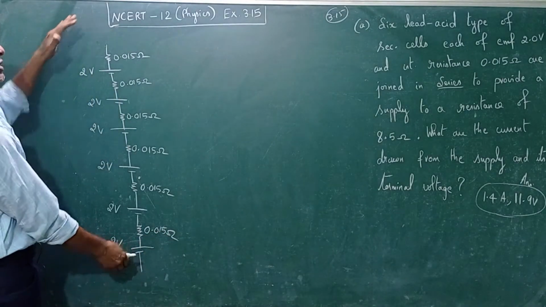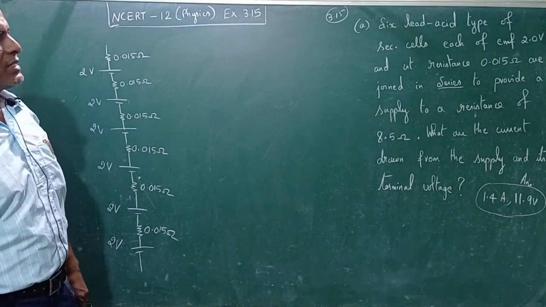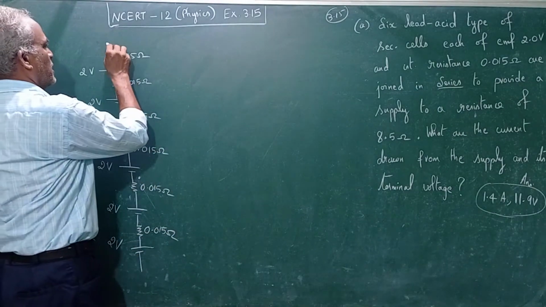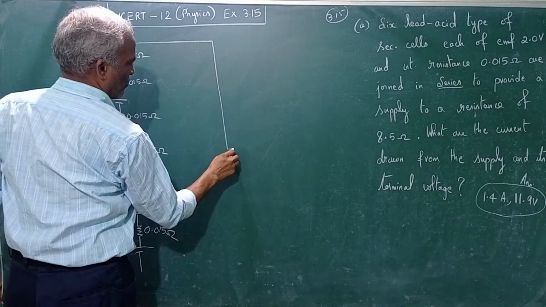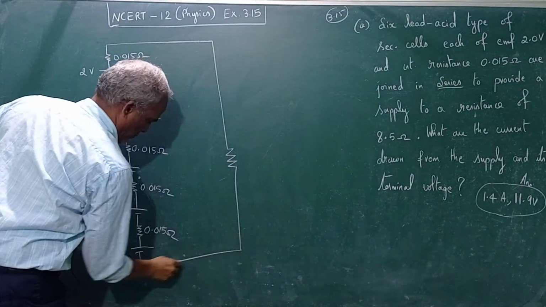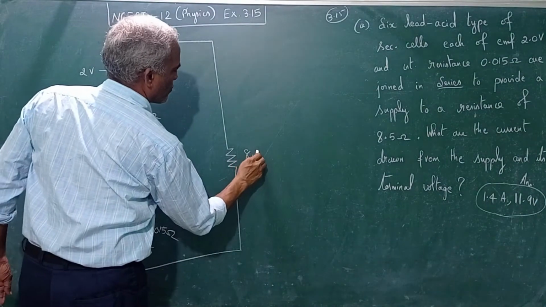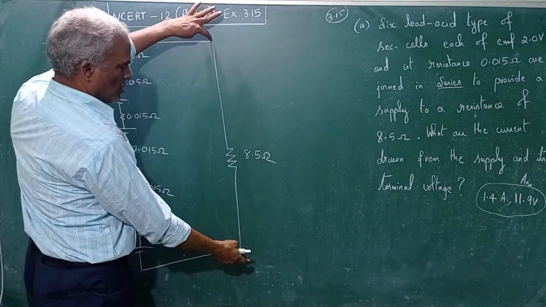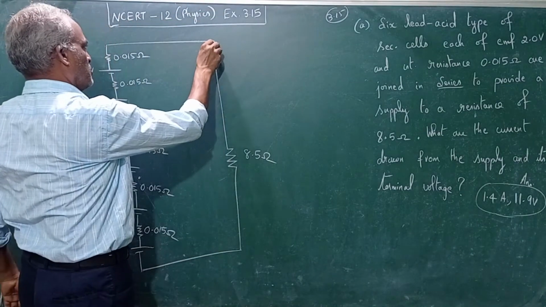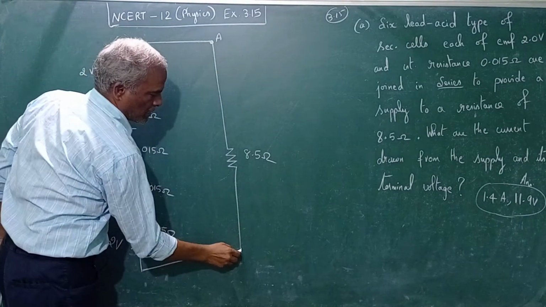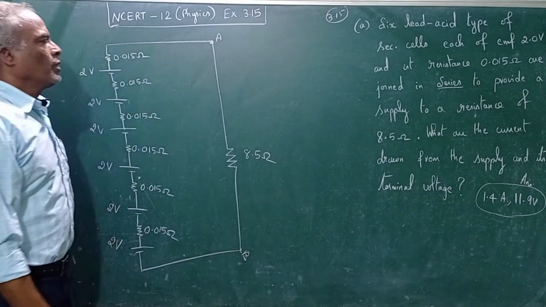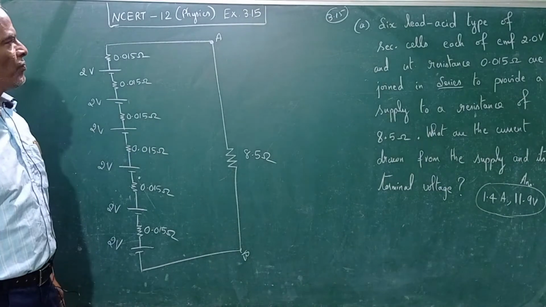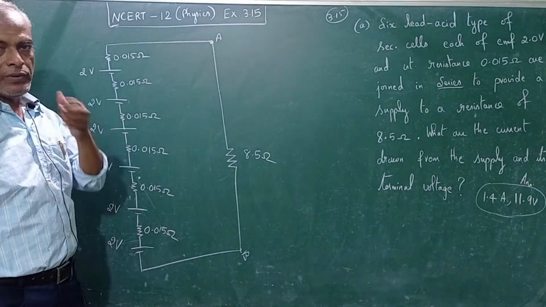This total setup is connected to an external resistance of 8.5 ohms. Now the question is, what is the voltage between this point and this point? Maybe I call this point as A and this point as B. So what is the voltage across 8.5 and the current through 8.5.